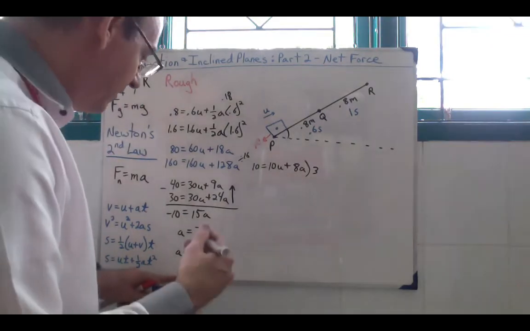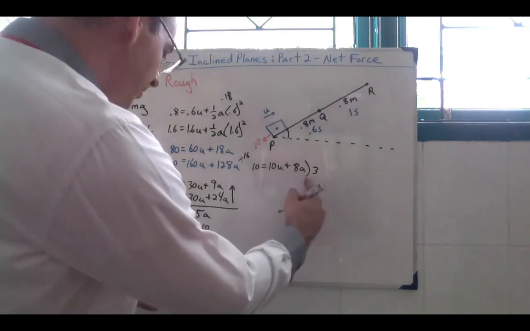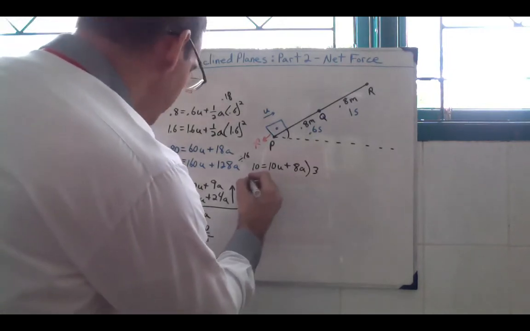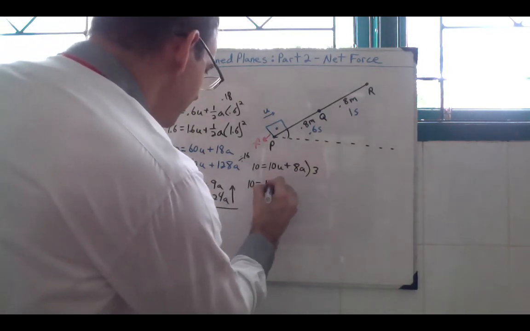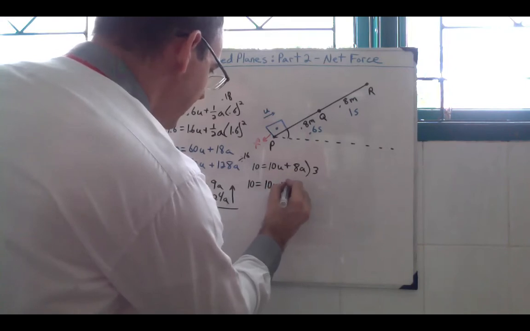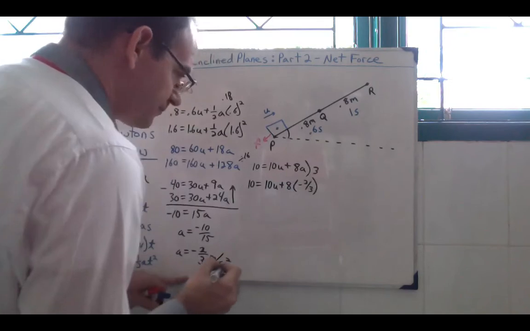Now we need to find the u. So we can come right back up into, say, this one here. So 10 equals 10u plus 8 times negative 2/3.